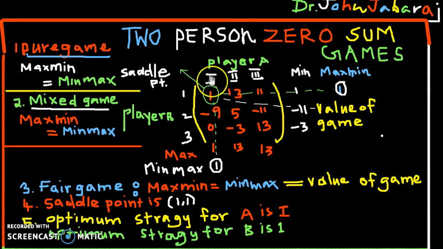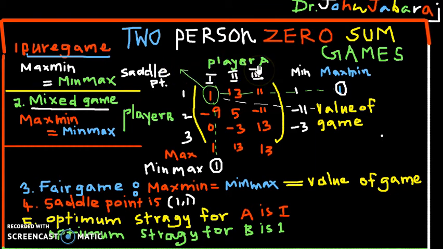Now come to player A. He is taking 3 strategies, and he is in the losing situation. Therefore his aim is that he wants to minimize his maximum loss.